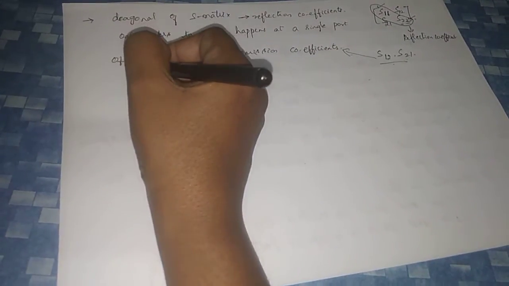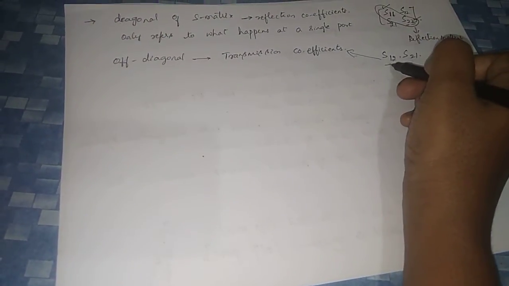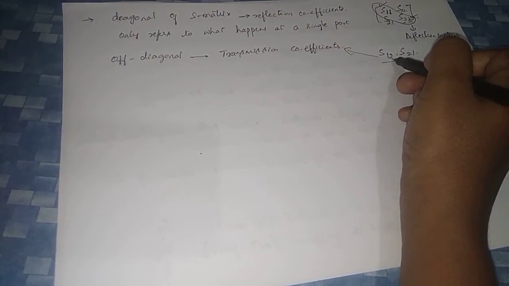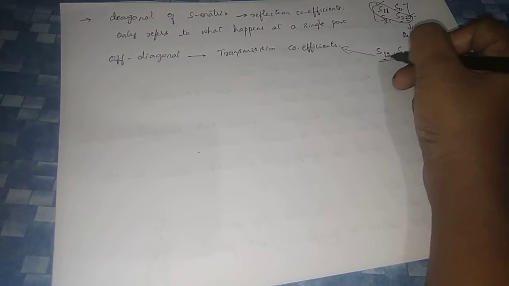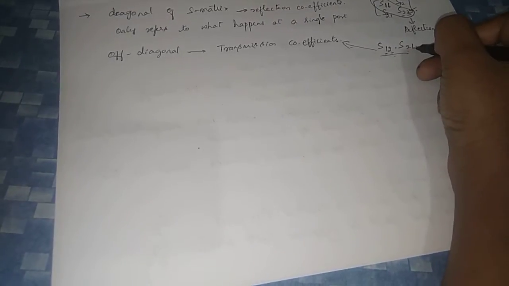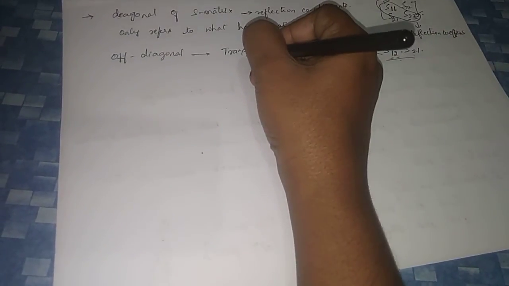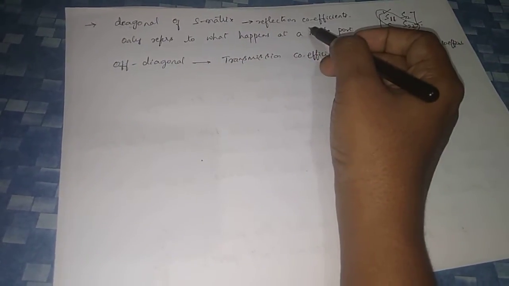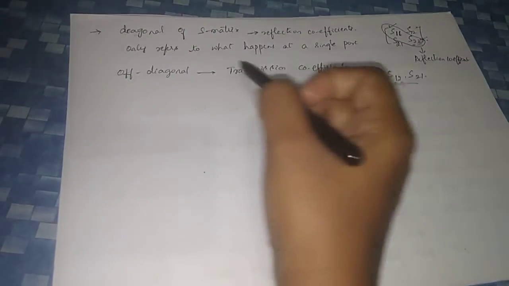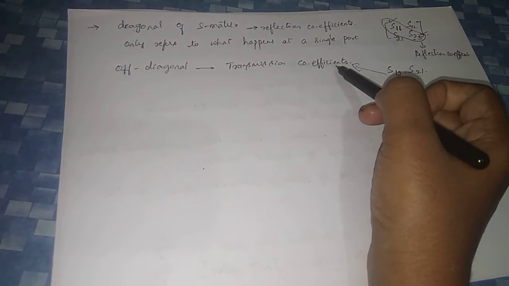They refer to what happens at one port when it is excited by a single incident at the other port. So you are giving input at port 1 and getting the output from port 2. So here you are referring to both the ports. That's why it refers to transmission coefficients. So the diagonal elements correspond to reflection coefficients, and the off-diagonal elements to transmission coefficients.